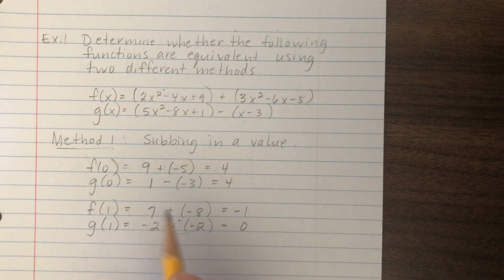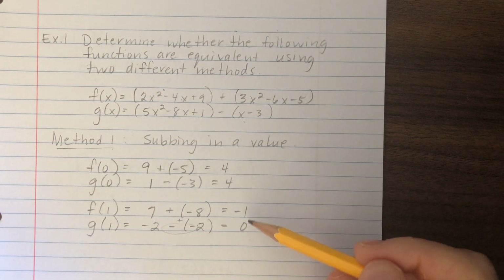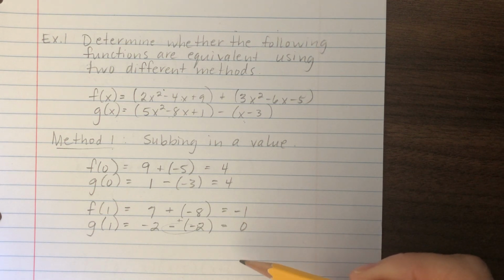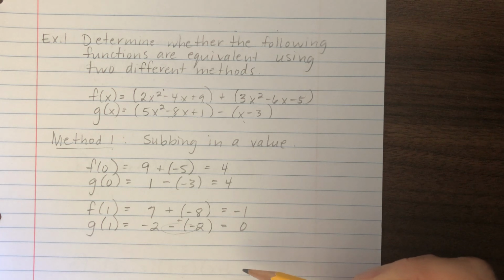Now, if it happened to be that they also intersected at another point here, you would have to check one more time to be certain that the two functions are equivalent, because these are quadratic functions, and quadratic functions represent parabolas that can intersect in two places.